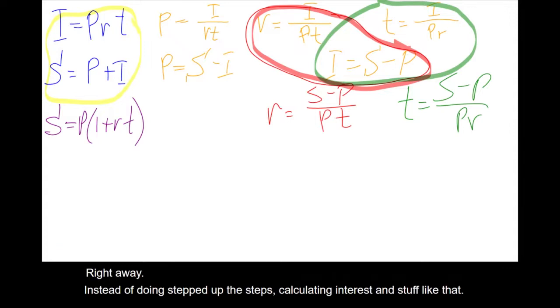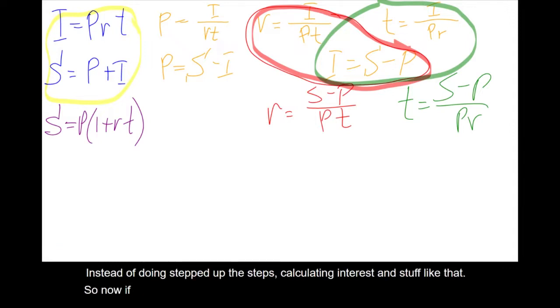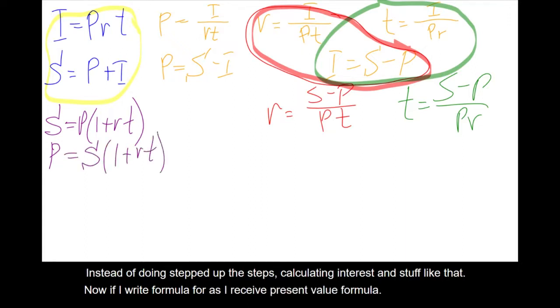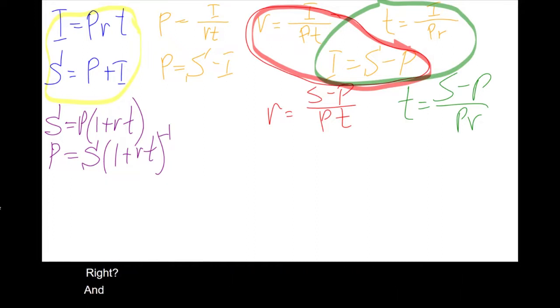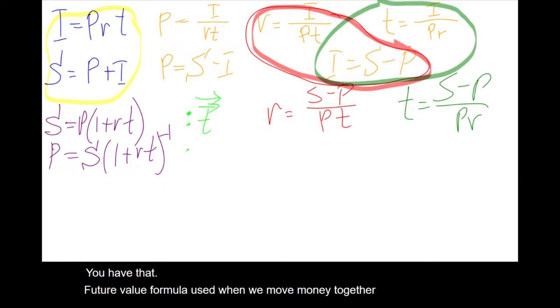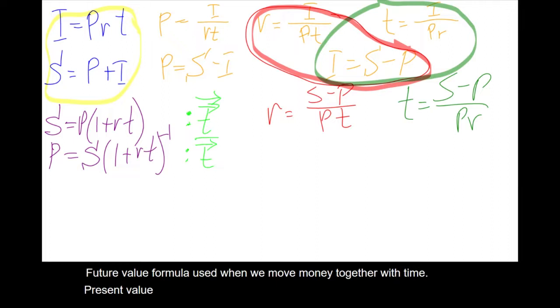Now, if I rewrite the formula for S, I receive the present value formula. Here we have the future value formula used when we move money together with time, and the present value formula when we move money opposite to time.